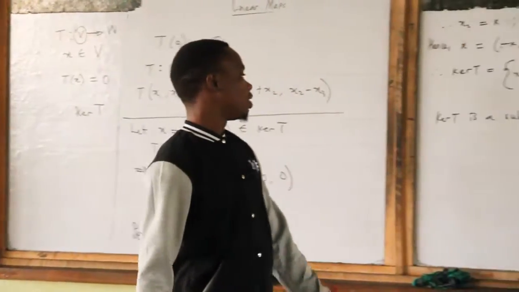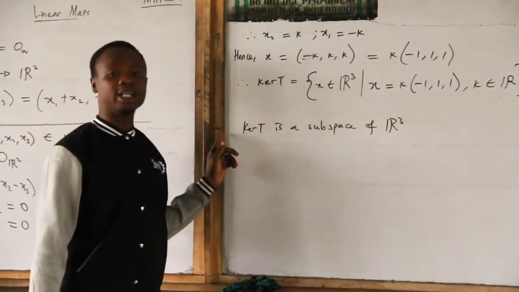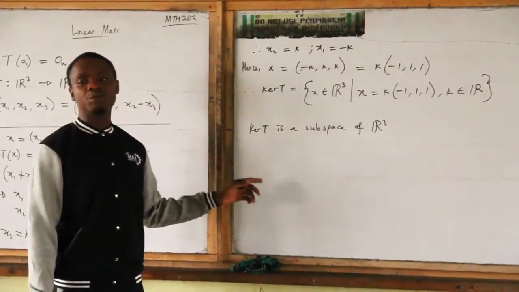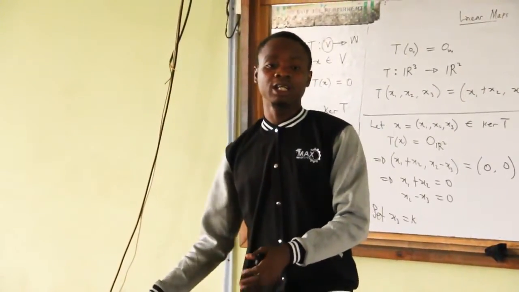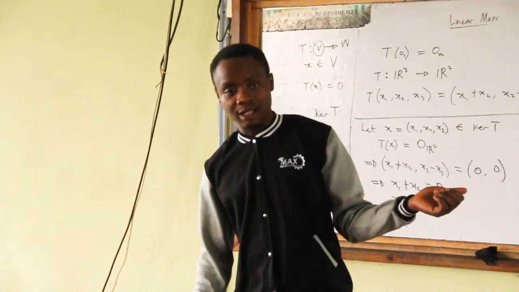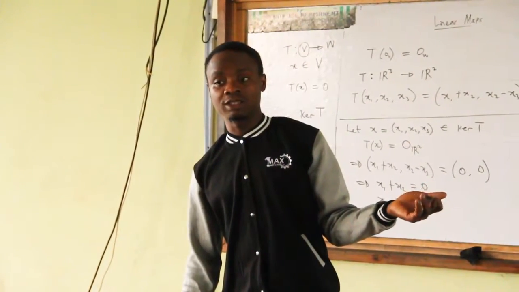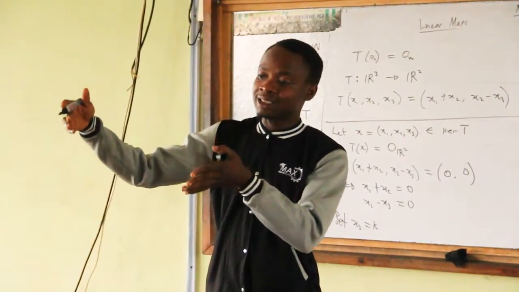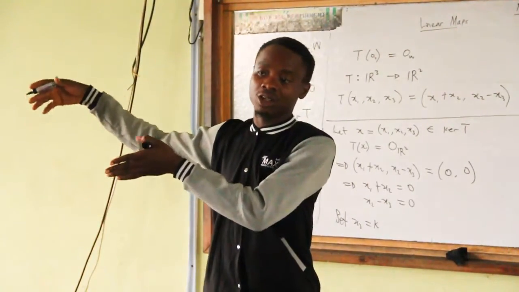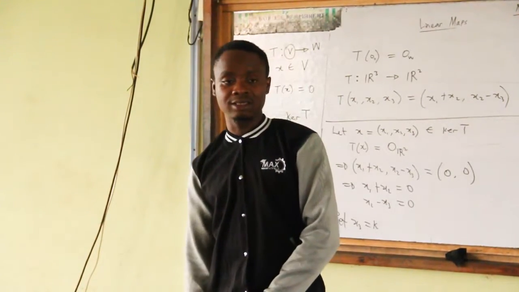Alright, so a basis of ker T will be a set of linearly independent vectors that span ker T. Now, do you understand what I just said? What's the meaning of span? That means that I can write all elements in ker T as a linear combination of the elements of that set. Is it clear?